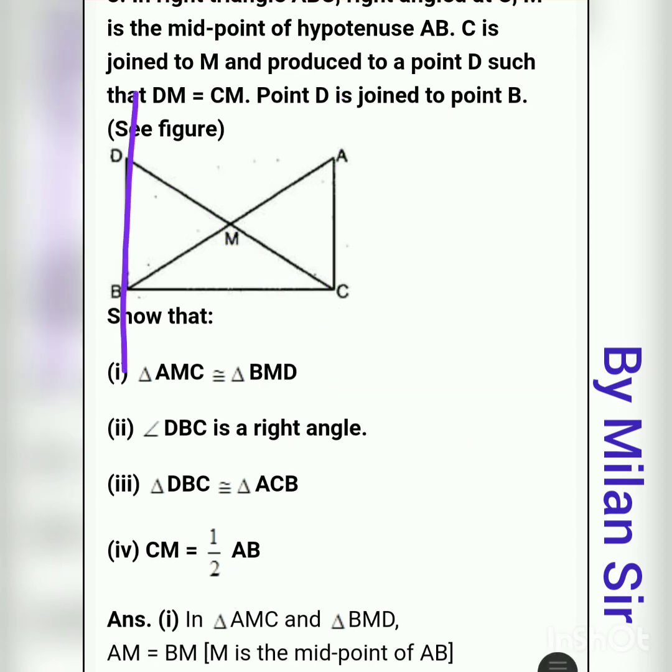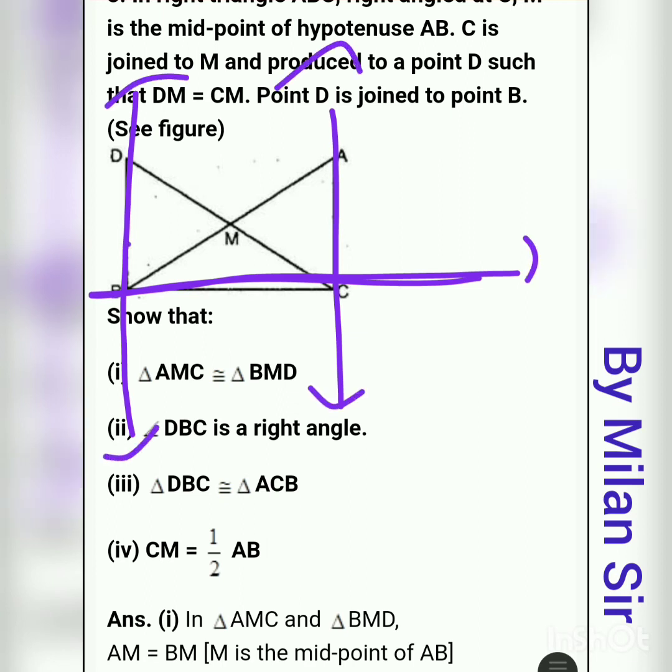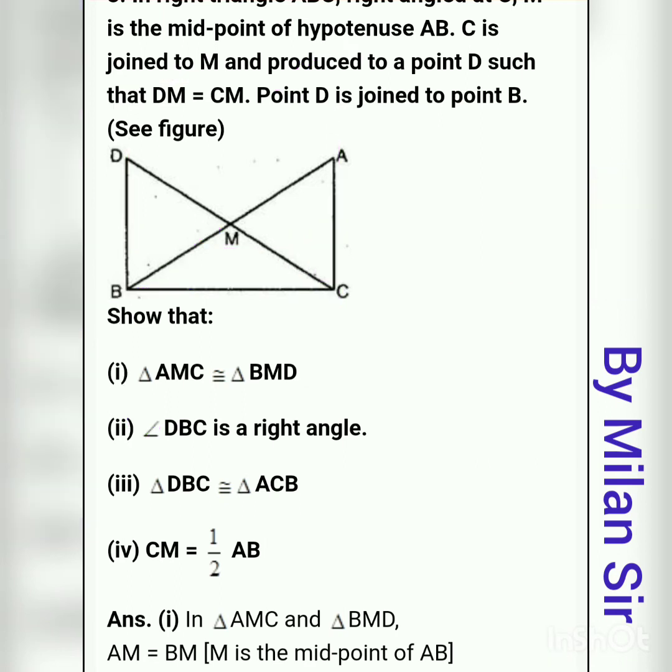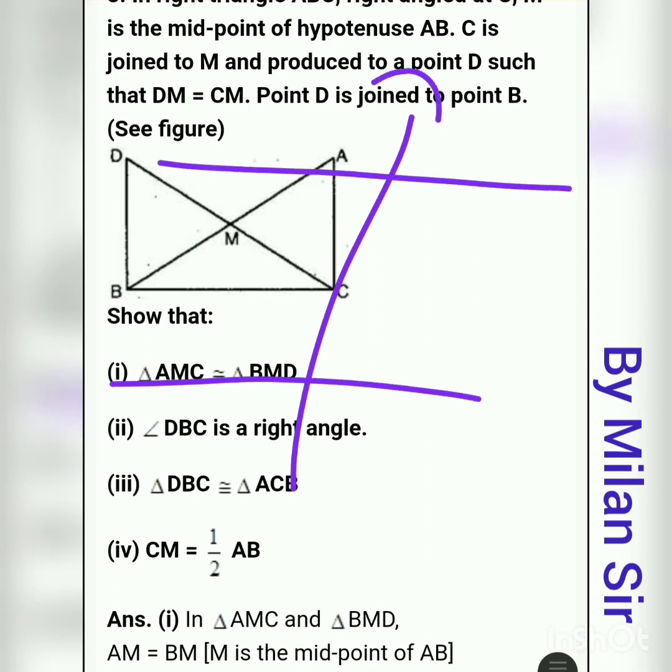So these two angles are called interior pair of angles on the same side of transversal, and we know that the sum of these two angles is equal to 180 degrees, because we already learned this theorem in our previous chapter, lines and angles. If we have two parallel lines and one transversal, then these two angles are called interior pair of angles on the same side of the transversal, and the addition of these two angles is equal to 180 degrees.